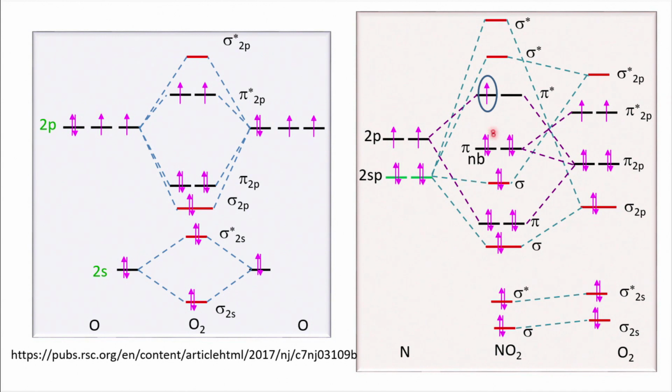The only thing you have to say is that there is one odd electron kept in the pi star antibonding orbital, and whether it is kept on nitrogen or oxygen is not clear. So MO theory clearly tells that there is one odd electron in the pi star antibonding orbital. This is how the NO2 structure can be explained based on MO theory in a much simpler way.